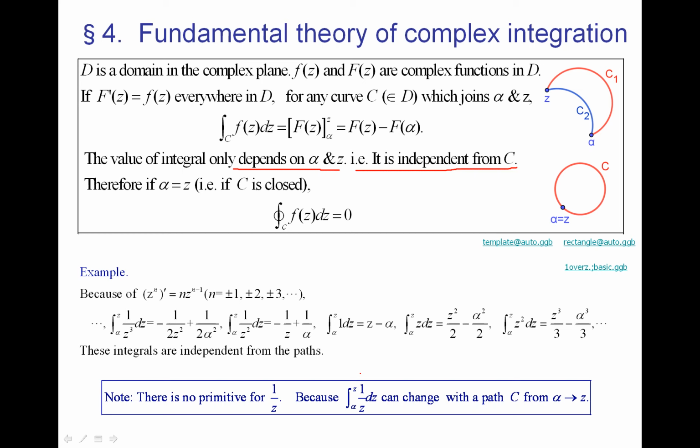Which means that there is no primitive of 1 over z whose derivative equals 1 over z everywhere on the complex plane.